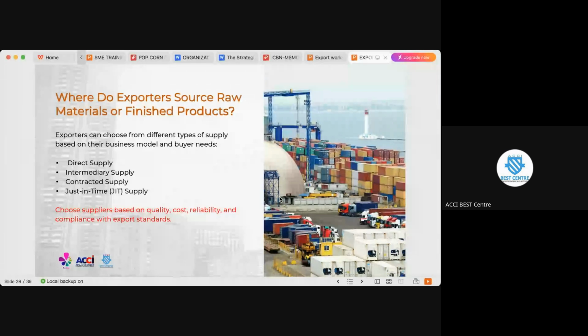If you know your capacity cannot take more than 100 kg, just let the buyer know that, okay, I will only do 100 kg. I can't do more than 100 kg, then it's fine. So you have to ensure that you also have customers within this value chain that understand the importance of being reliable and also complying with export standards.